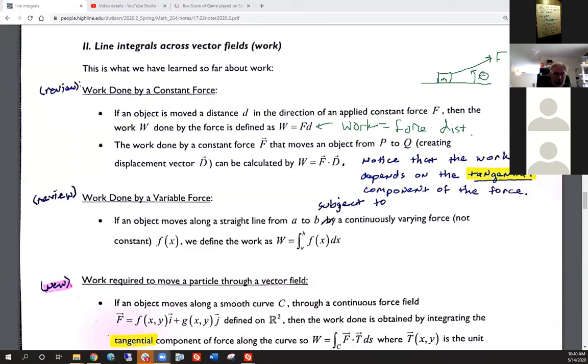In order to find out how much work is being done, we would need to know what's the tangential component of that force. For those of you that have had physics or engineering somewhat recently, am I being kind of accurate?